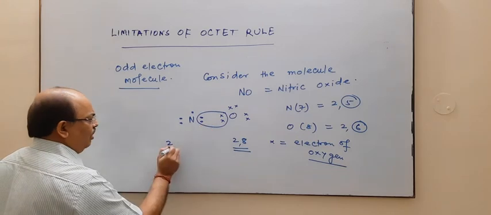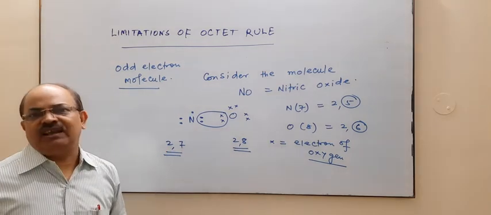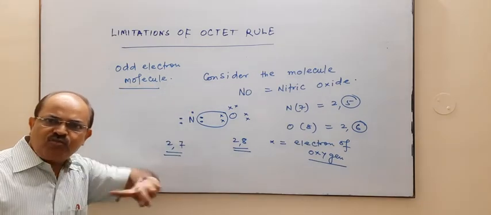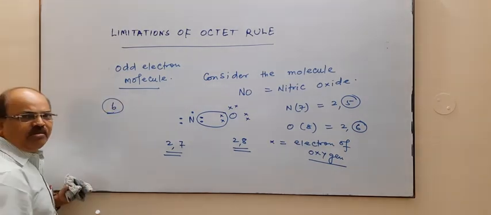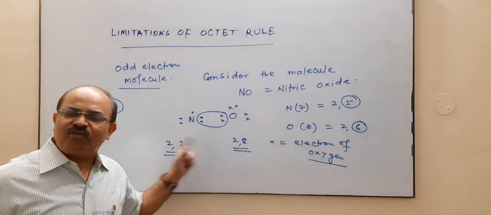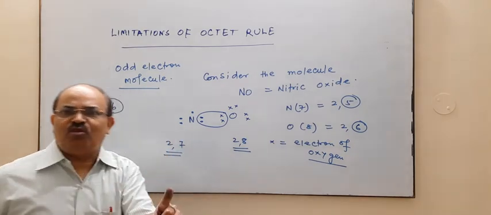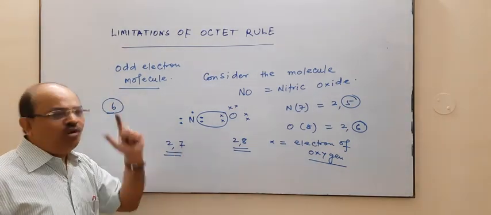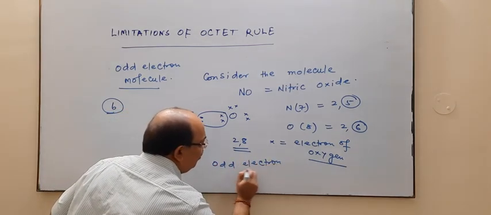This nitrogen is your 2, 7, means it has 1 electron less. आप जो इलेक्ट्रॉन डेफिशिएंट कंपाउंड पढ़े थे, उसमें 6 इलेक्ट्रॉन था, मींस 2 इलेक्ट्रॉन लेस फ्रॉम ऑक्टेट. Here 1 electron less from octet. So it is electron deficient, but it is an odd electron molecule. So this compound or this molecule is known as your odd electron molecule.